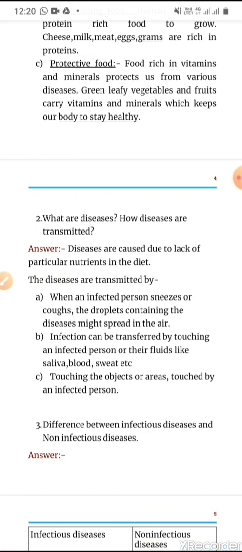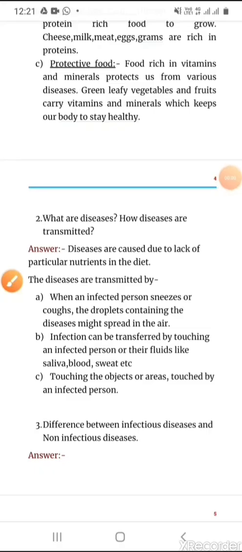diseases are transmitted. The diseases are transmitted by, number one, when an infected person sneezes or coughs, the droplets containing the diseases might spread in the air. Second, infection can be transferred by touching an infected person or their fluids like saliva, blood or sweat.